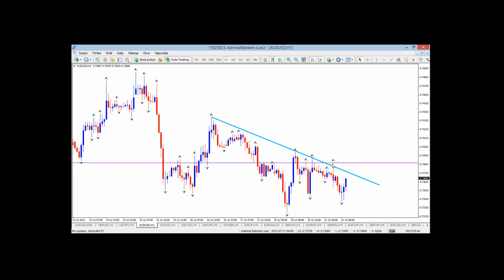Pending order maybe, but it would have to be above this fractal at least, not above the trend line. Maybe somewhere up in here, maybe even above 74. Stop loss would have to be below this bottom.